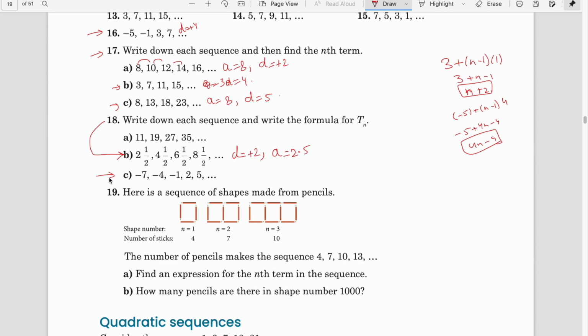Let's try C part. Yeah, value of a is minus 7. What is the value of d?